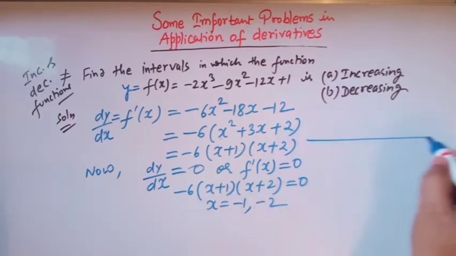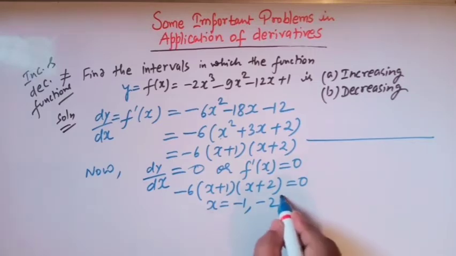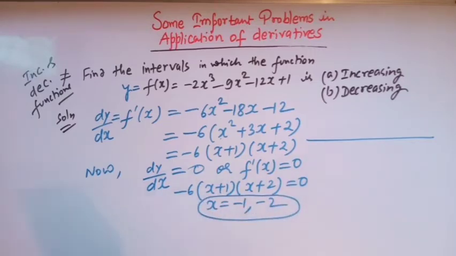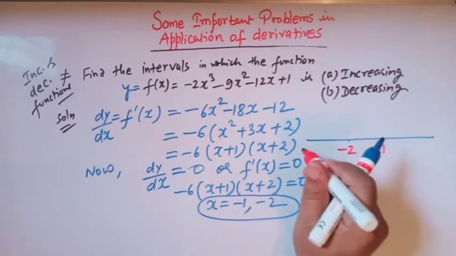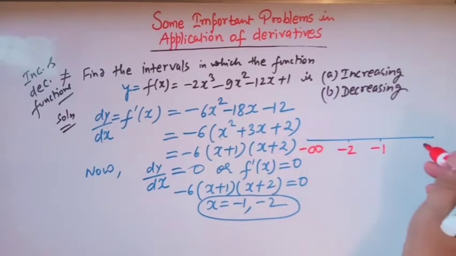Now there is a definite process here, and the process is we have x equal to minus 1 and minus 2, and let us plot these 2 points here. We have minus 2 here and minus 1 here. So here we have minus infinity and here we have plus infinity.